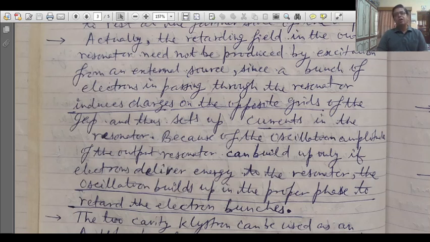Actually, the retarding field in the output resonator need not be produced by excitation from an external source, since a bunch of electrons is passing through the resonator.